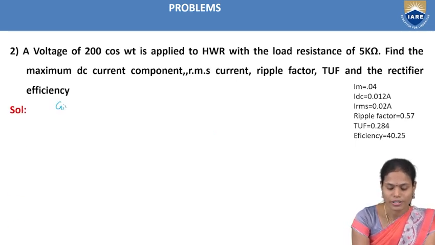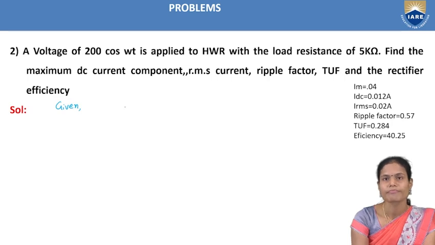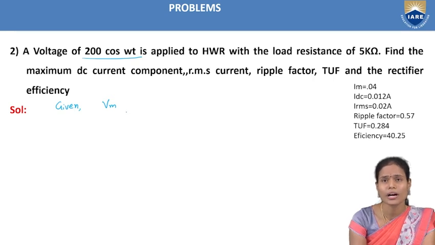Here first we will write the given values. Directly they gave 200 cos omega t, which is nothing but Vm cos omega t. So they directly gave the Vm value as 200, and the load resistance RL is 5 kilo ohms.